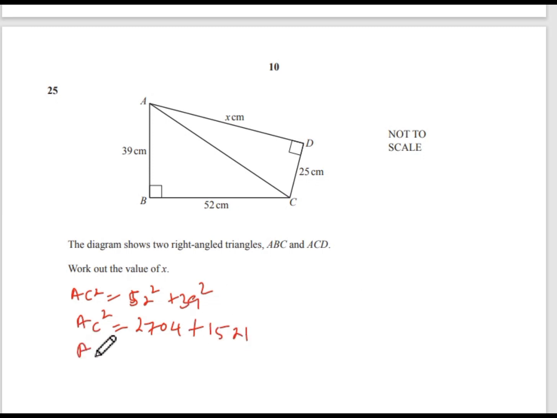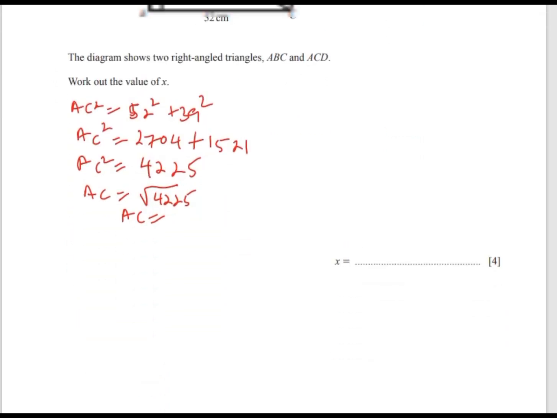So AC squared is equal to, when we add this together, 4225. So AC is equal to the square root of 4225. That gives us 65. So AC is 65.